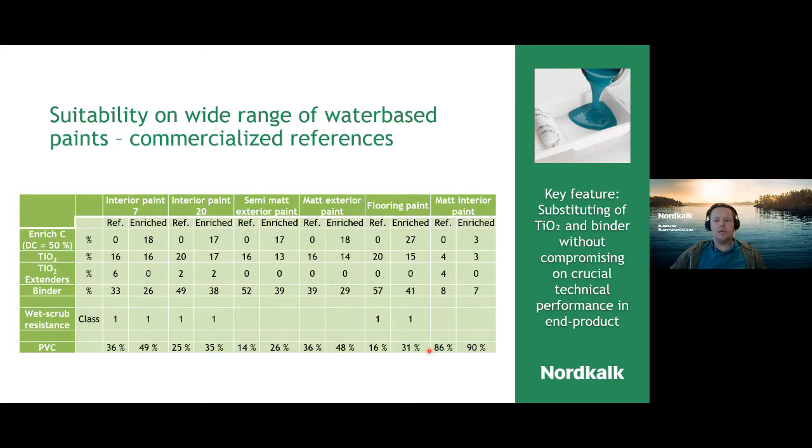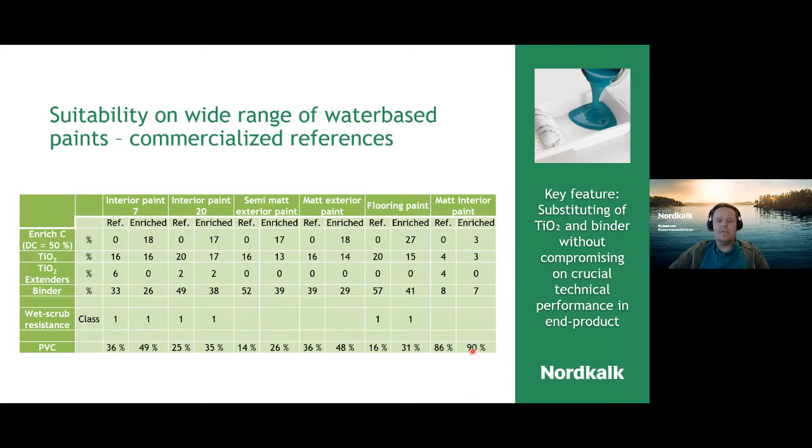So here, titanium dioxide replacement, a little bit of binder reduced. Also one example here that binder can be changed to maybe a cheaper binder, or not that hard a binder, to get the same properties.